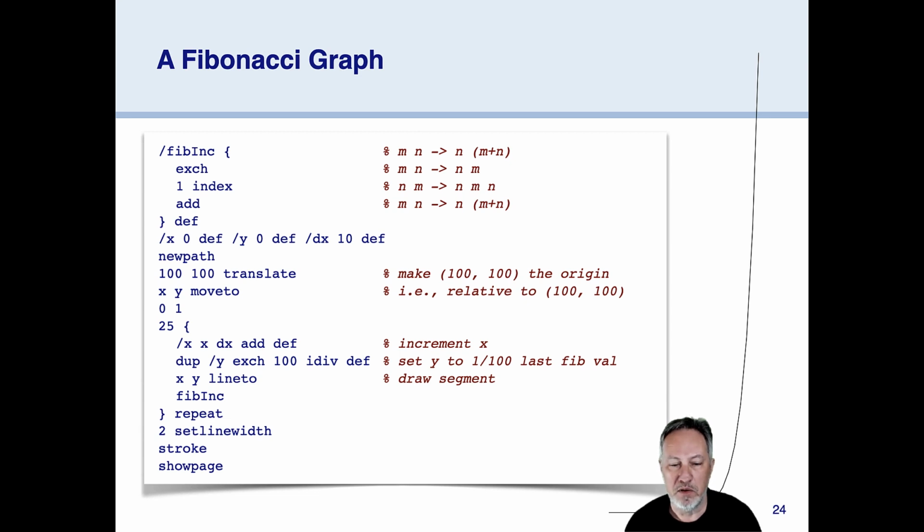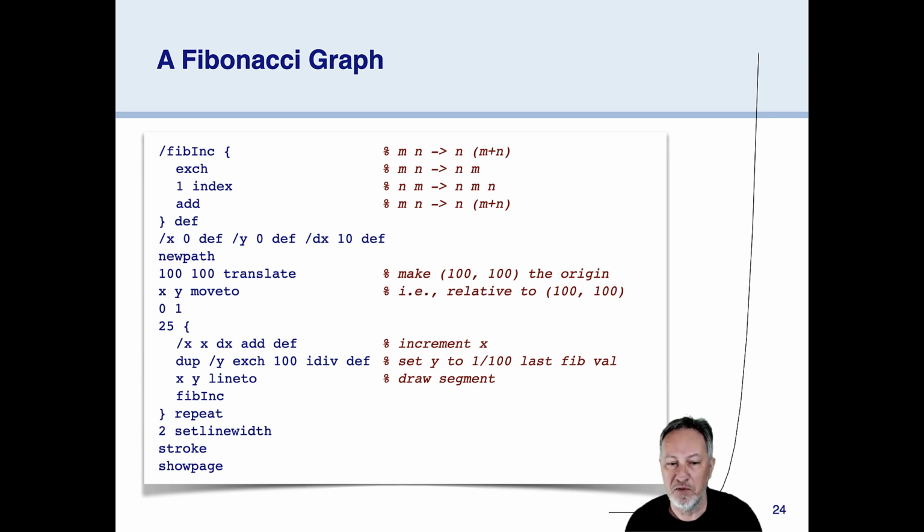Now we use a built-in control operator called repeat. And repeat will execute a procedure a certain number of times. In this case, we want to run 25 times the code that's in between the curly braces. First, we look up x. So first we push the literal value x onto the stack.